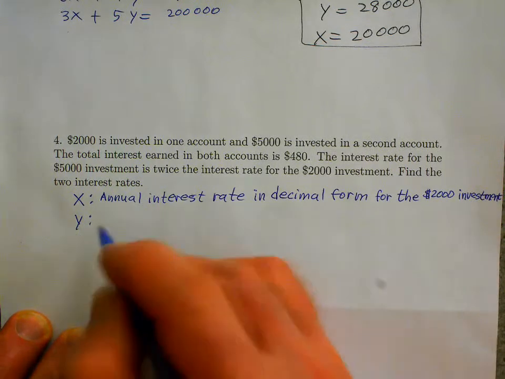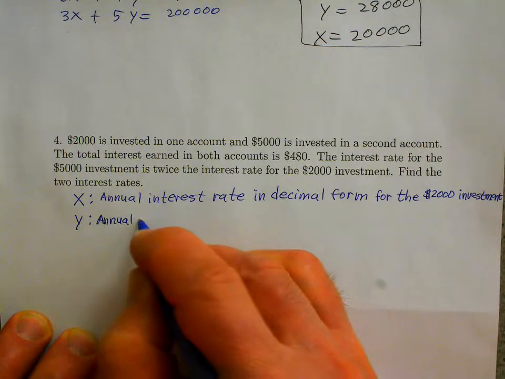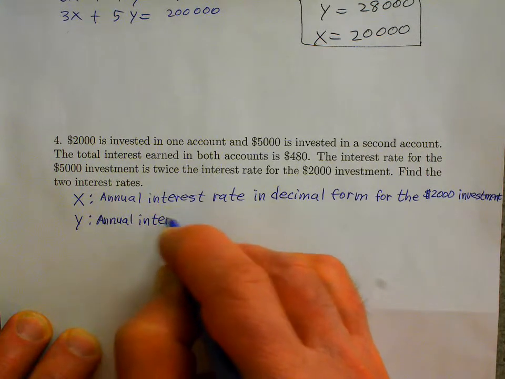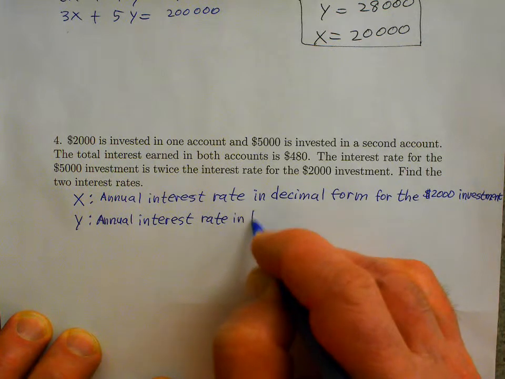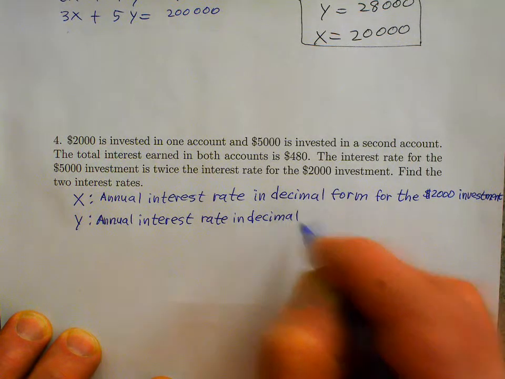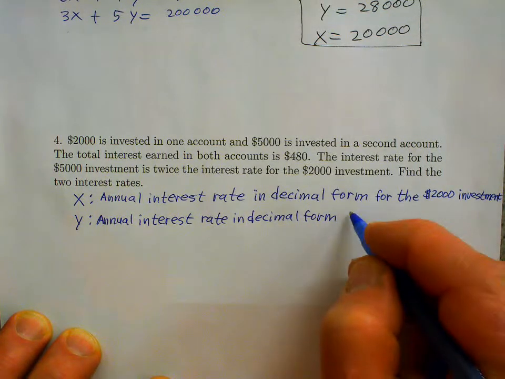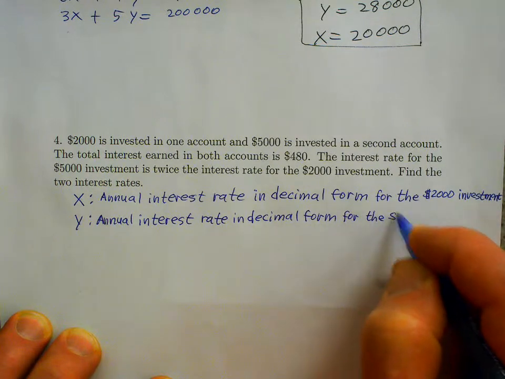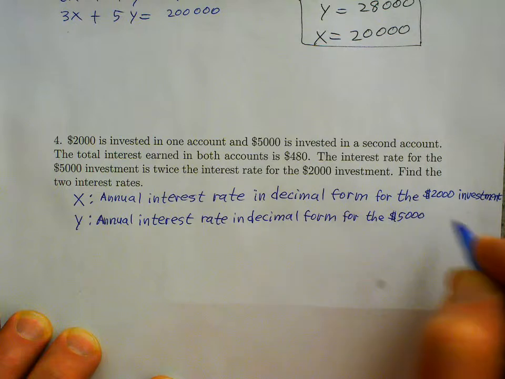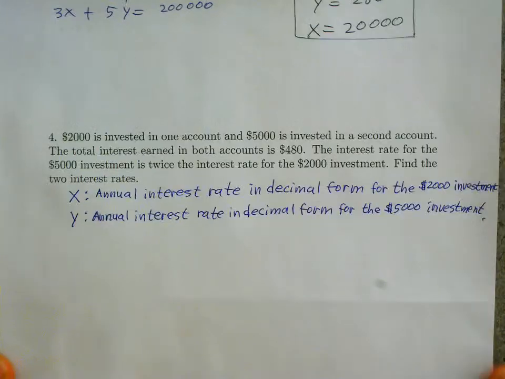Okay, so Y is going to be the annual interest rate in decimal form for the $5,000 investment.